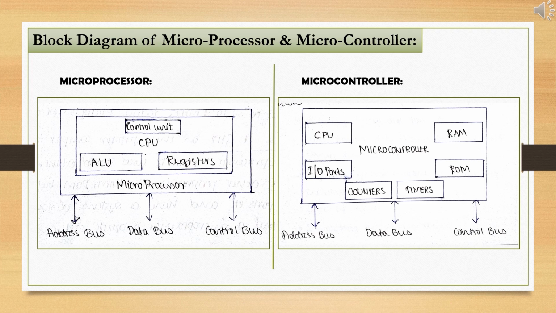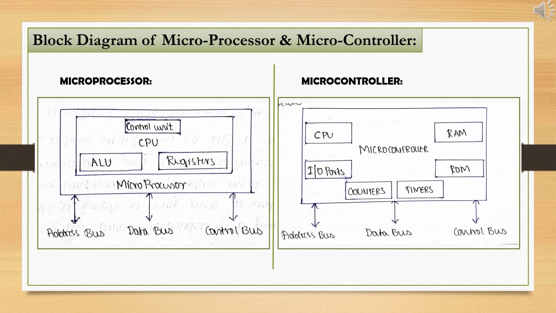In the microprocessor block diagram, you can see a CPU. We know that the CPU consists of ALU, control unit, registers. Now consider the microprocessor block diagram as an IC. In the IC, you can see only the CPU along with active and passive components that I have not mentioned. Okay, now take the microcontroller.